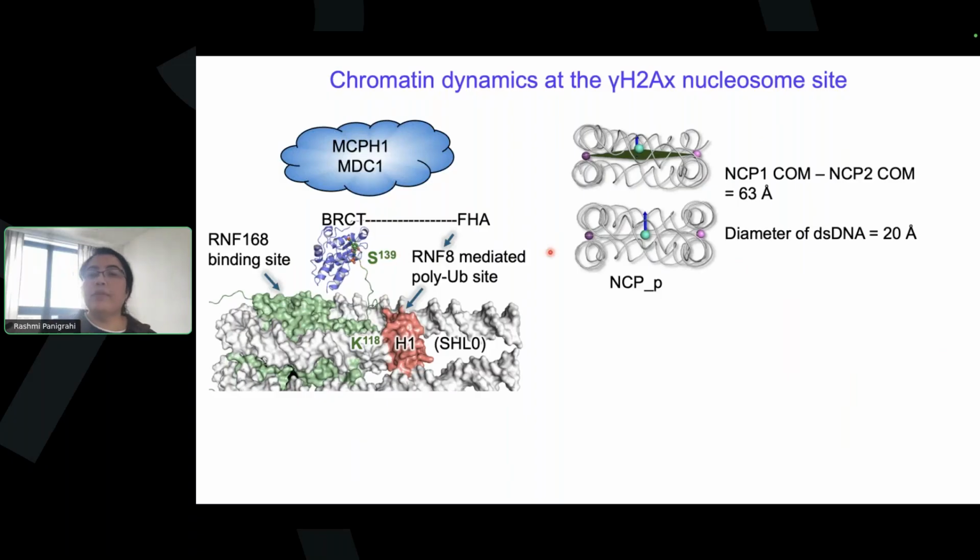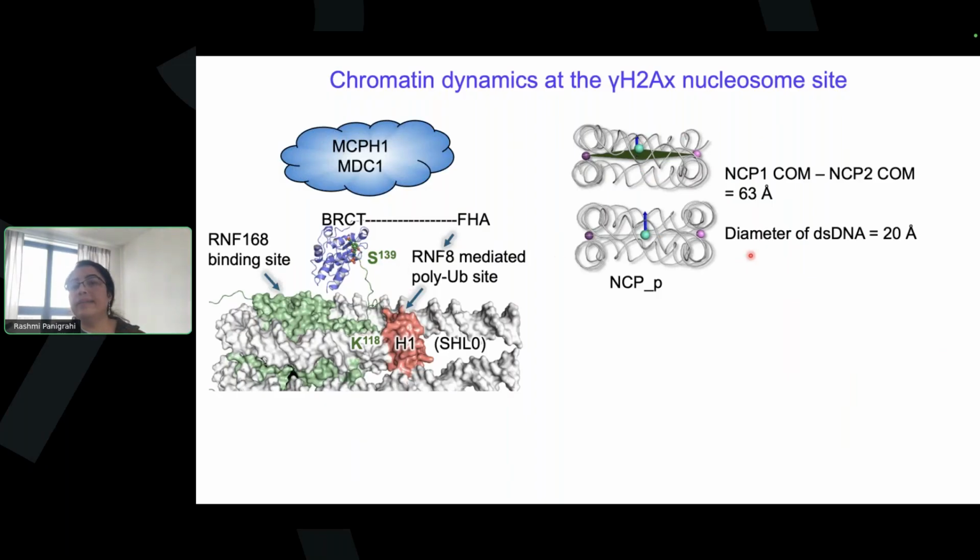Now, from our experimental cryo-EM structure, we already noticed that the center of mass distance between NCP1 and NCP2 is only 63 angstroms. So how can it accommodate such a long stretch if this tail bound to the BRCT is in an extended conformation?